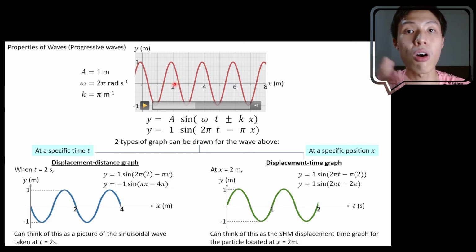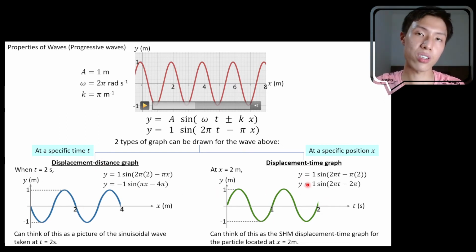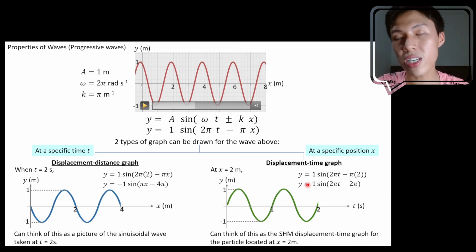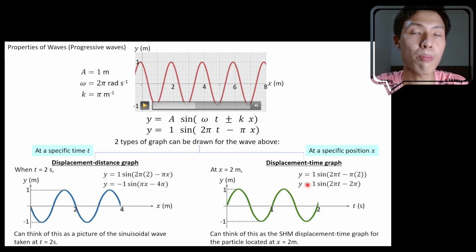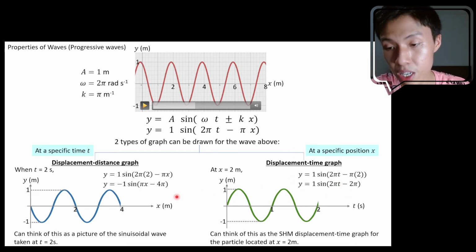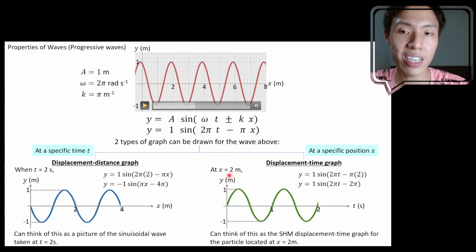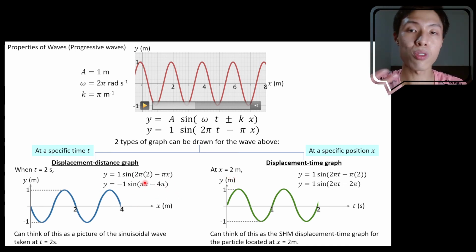You cannot study all the particles. So these are the two different graphs that you can draw, and in other example videos, we'll be learning how to sketch the graph for a progressive wave based on the equation given, or from the graph given, obtain the equation for displacement. We will do that in an example.